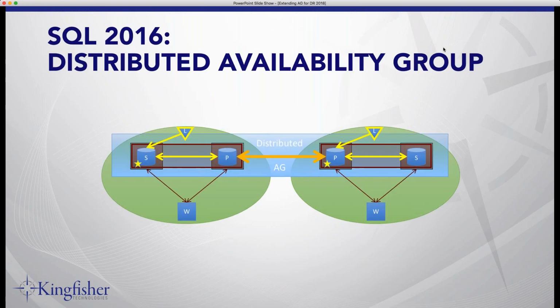With SQL 2016, they introduced the concept of a distributed availability group. And the way I think about this is it's kind of like an availability group of availability groups. And so if you have your 2 data centers, each one can have a primary and a secondary. Each one has a listener, a witness, and so on.